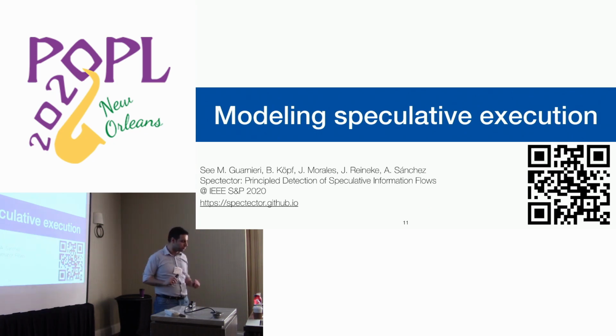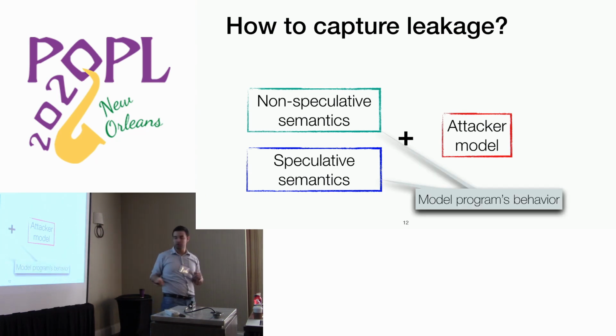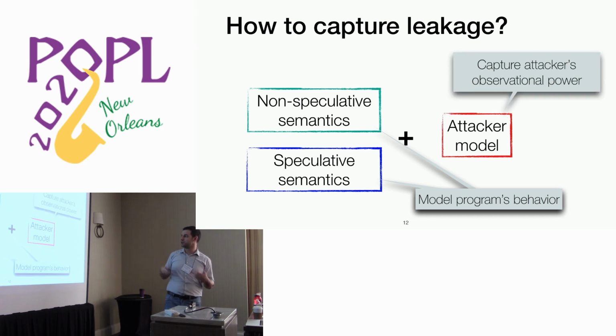So there are a few similar frameworks with advantages and disadvantages. But what does our framework look like? We have three components. We have two semantics, which model the program behavior with and without speculative execution, and we have an attacker model which captures what the attacker can observe.